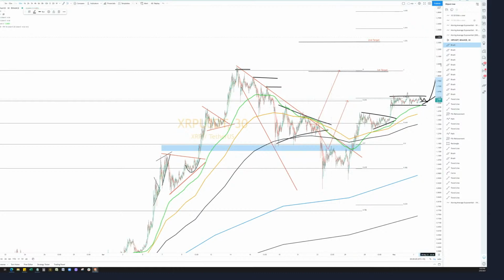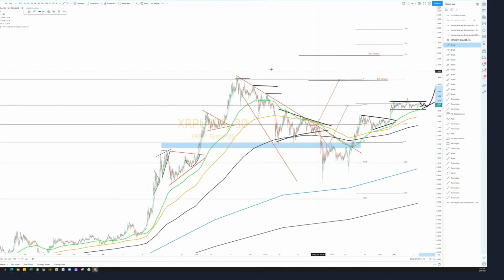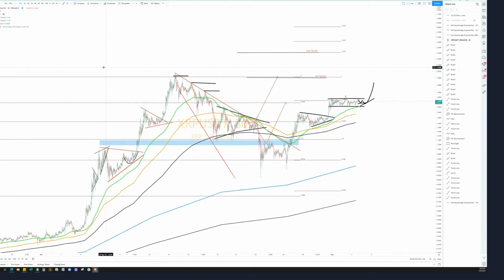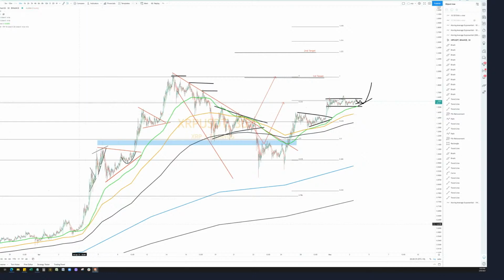So what we like to do is trade with trends, right? But a lot of coins are not in the trends anymore. This one is. So this was a nice upward trend, a very deep pullback, and a continuation of the trend.